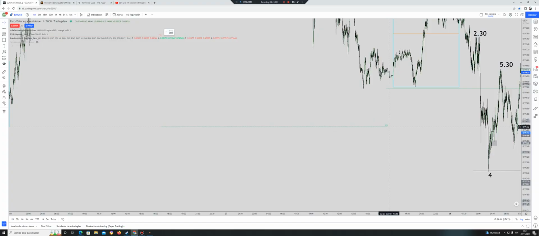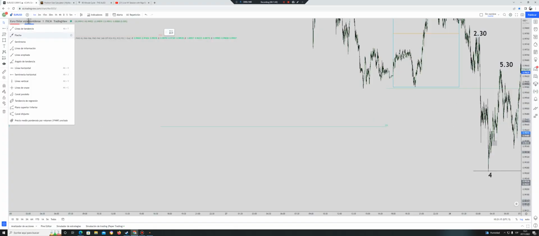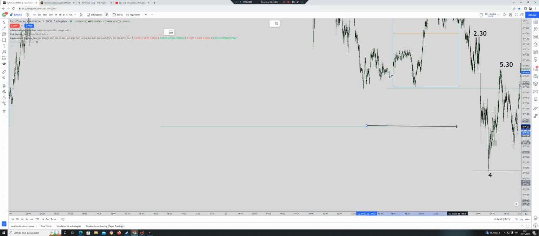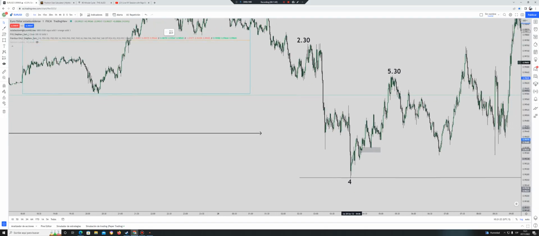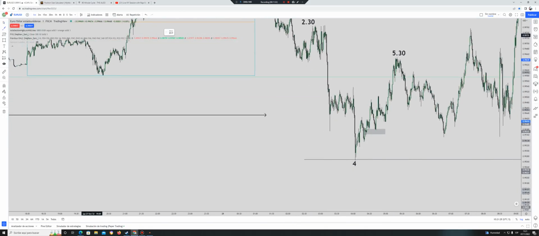So what we got here, this is a previous day low. So look how the first 90-minute cycle went straight to take that liquidity, and after that we got the last sweep.